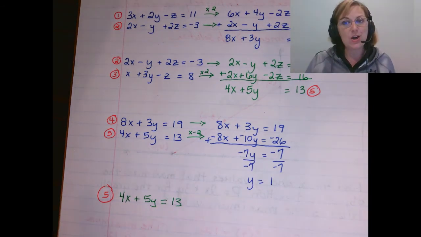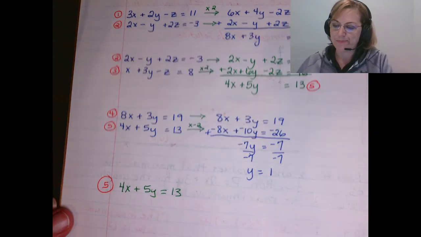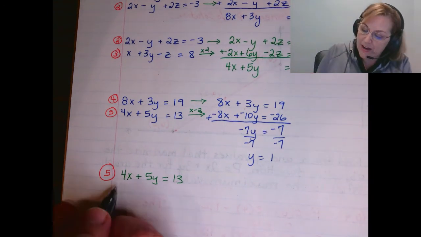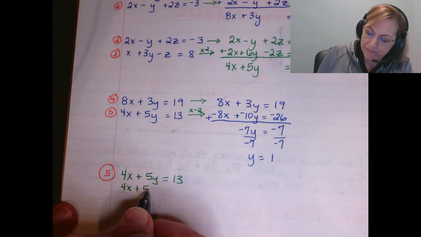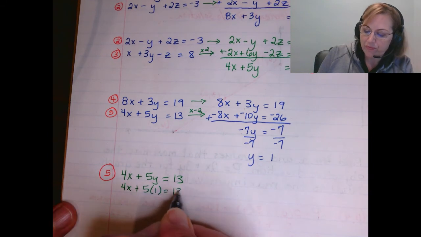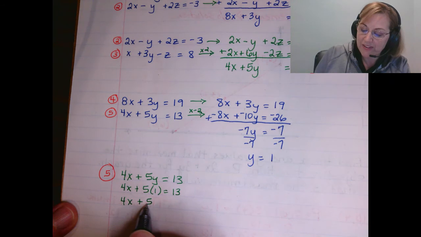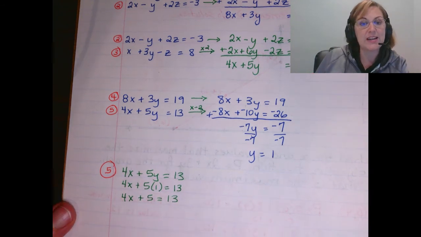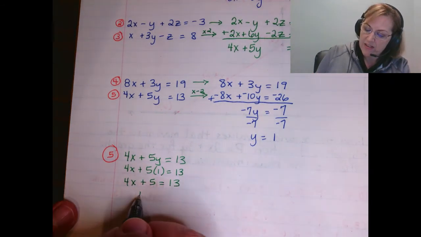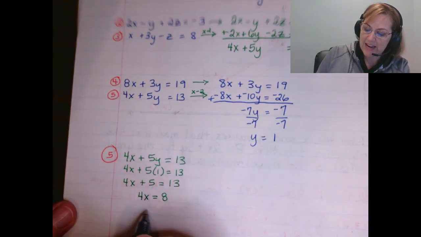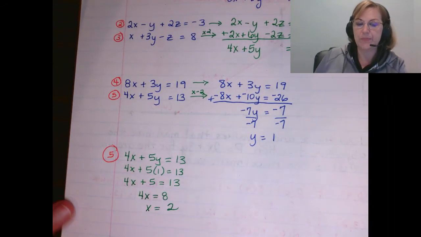And now I know that y is 1. So I'm going to plug in 1 for y, and I'm going to solve for x. So I've got 4x plus 5 equals 13. Go ahead and subtract your 5. That'll give you 4x equals 8, and x is 2.